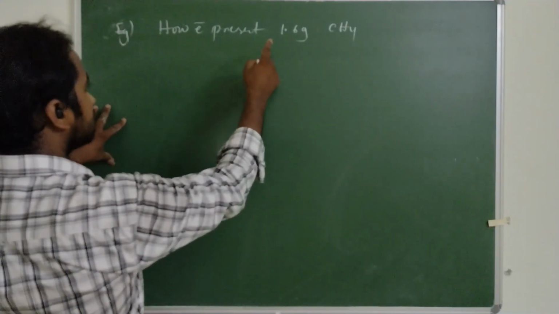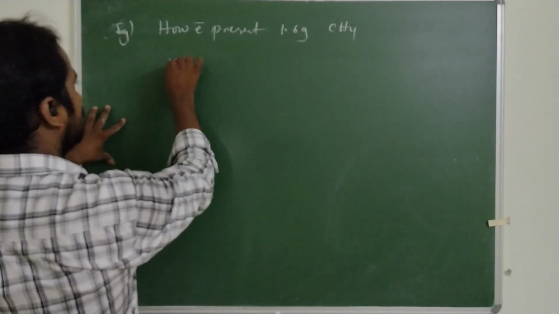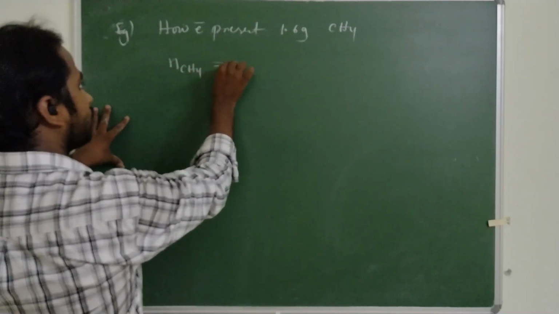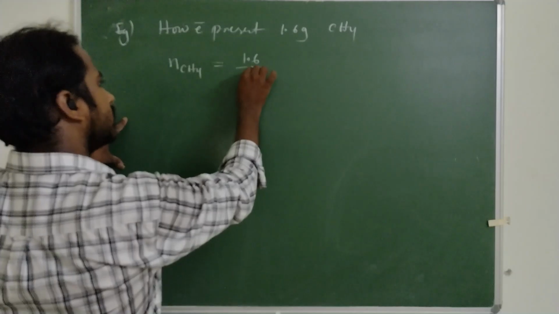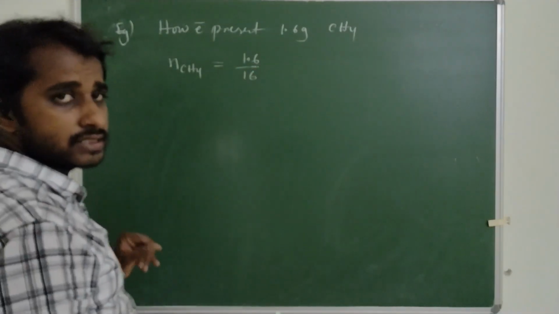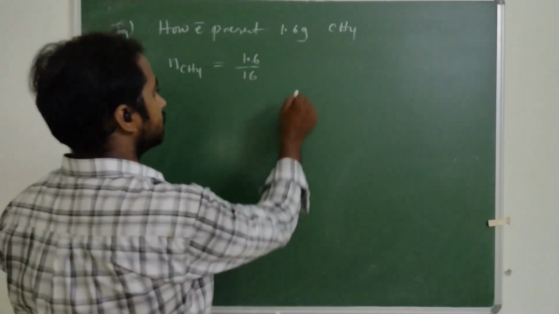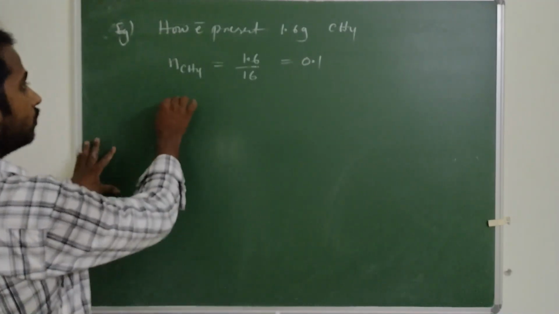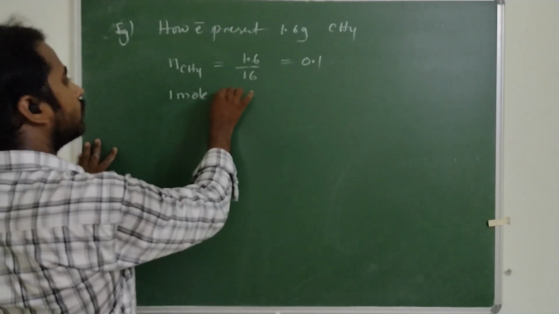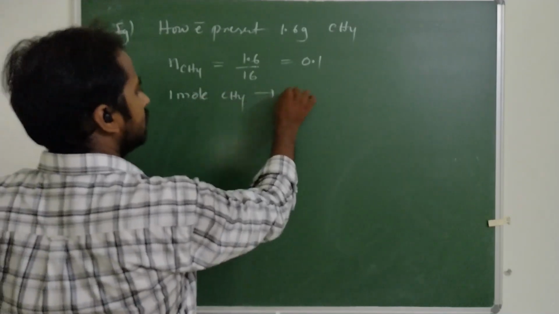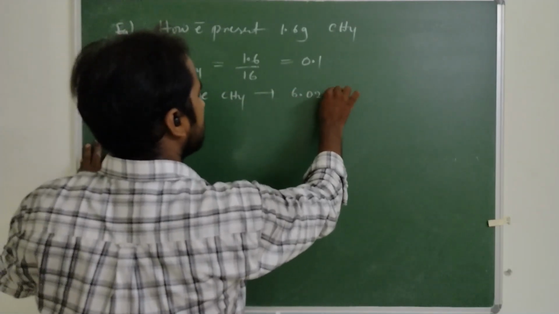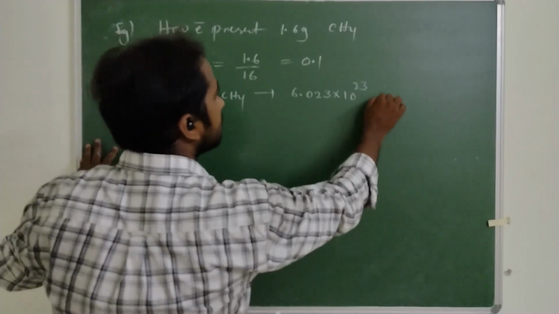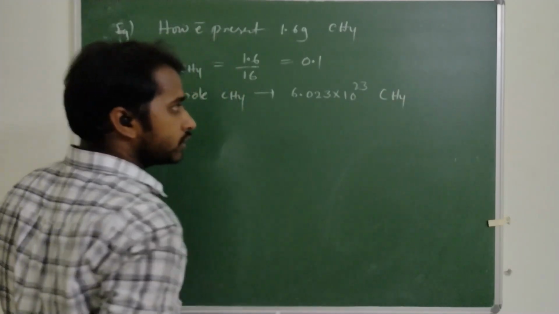What is given? 1.6 grams of CH4. So number of moles of CH4 is equal to 1.6 by 16, because 16 is the molecular weight of CH4. This is 0.1 mole. So 1 mole of CH4 means 6.023 into 10 power 23 CH4 molecules, right?